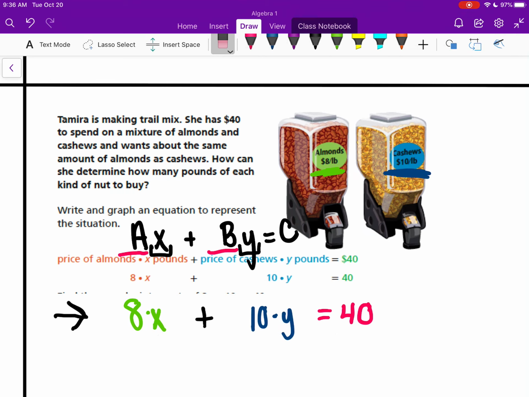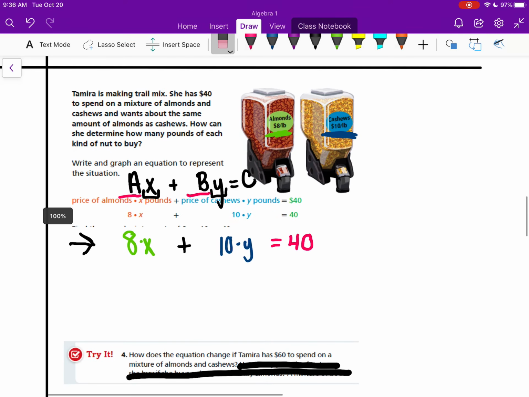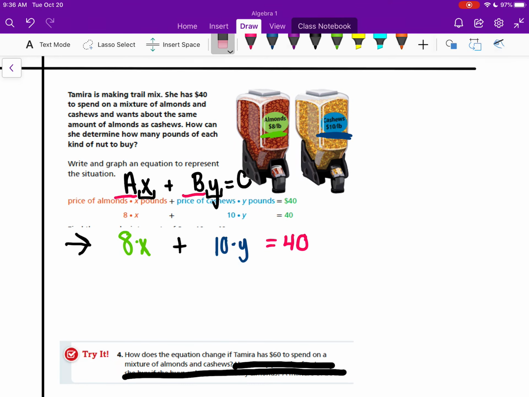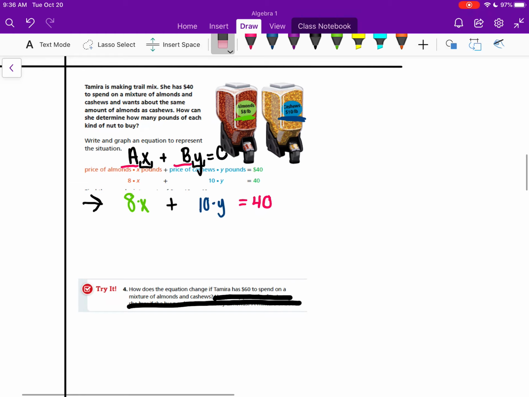So let's look at your example that's in your book, and it asks us, how does the equation change if Tamara has $60 to spend on a mixture of almonds and cashews? And you can see I've marked out the rest because we're not going to mess with it. Well, if we're following this example, if she now has $60 to spend, that changes this number here.